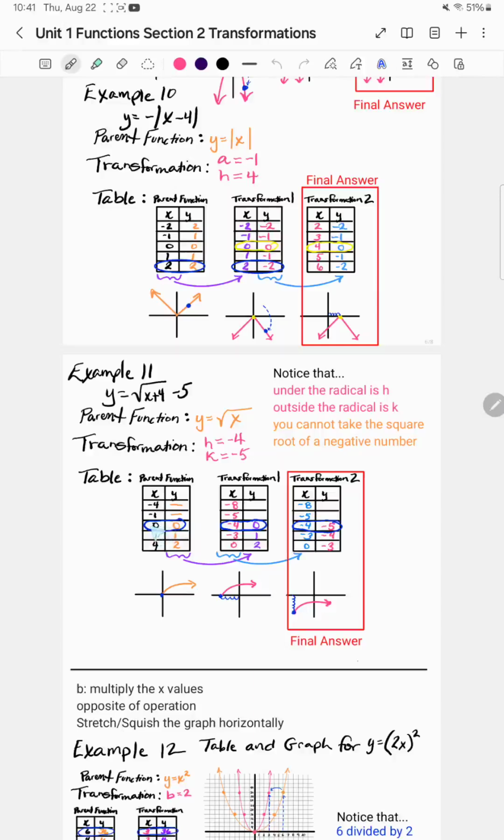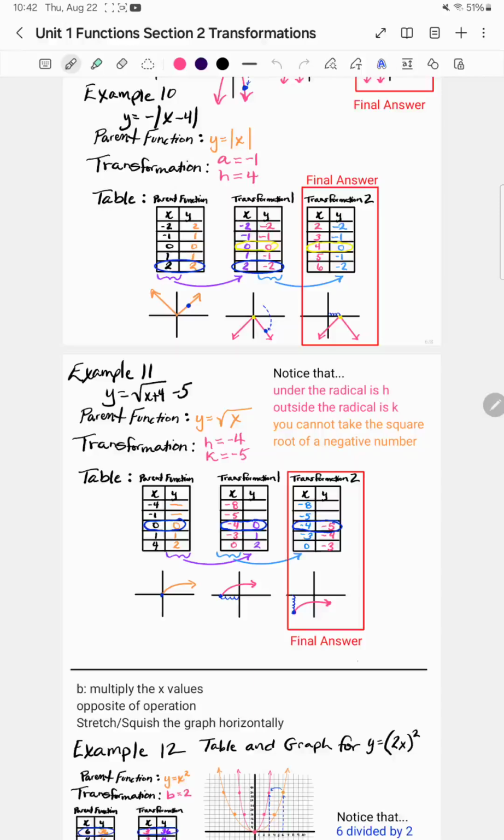So we have to start at 0, 0, and then 1. If I take the square root of 1, I get 1. If I take the square root of 4, I get 2. So that's how I get my answers. So I have a coordinate here at 0, 0, then I can imagine 1, 1, and then I can imagine 4, 2 to make that graph.